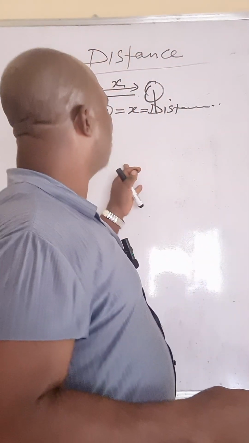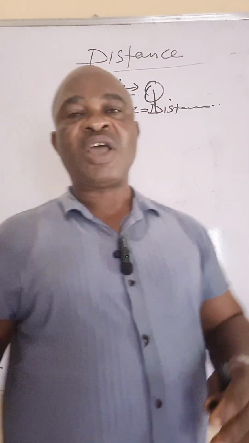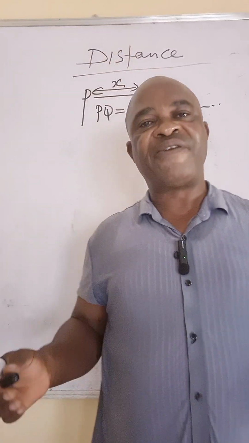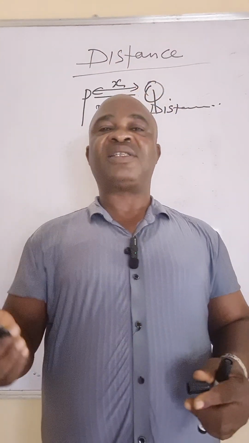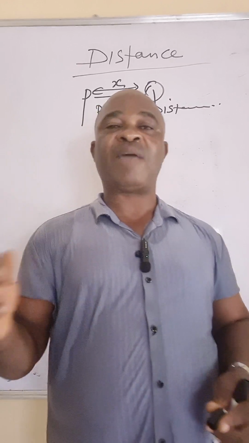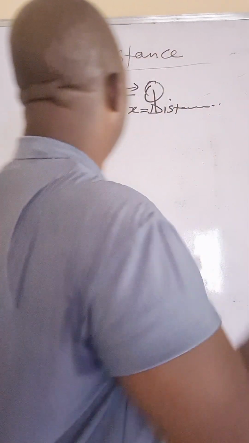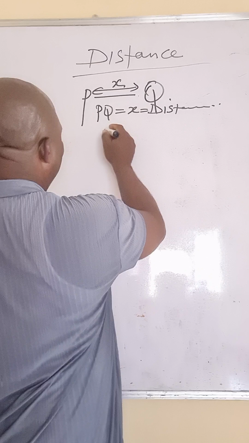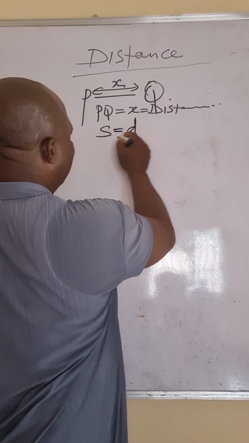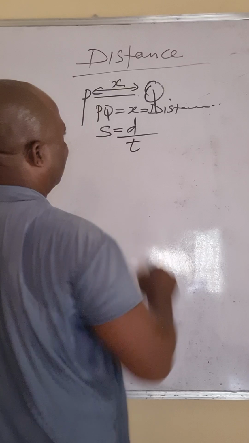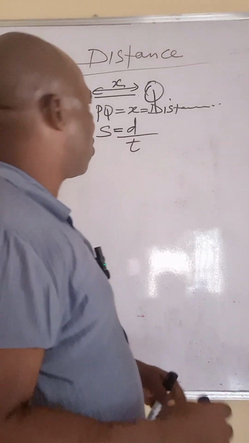What is going to help us is using the speed equation: speed S is equal to distance in meters D divided by time T, which is measured in seconds.